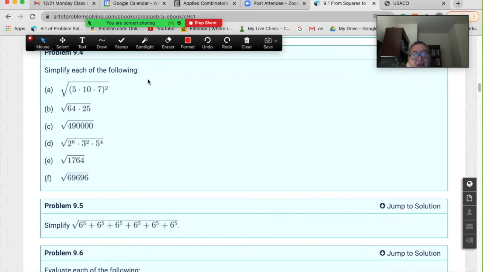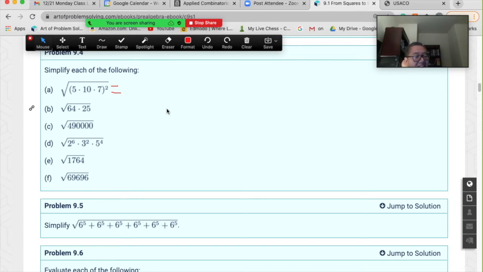Okay, simplify each of the following. Can you simplify? Basically the same thing as last time, except it's just different numbers. Write down your answer. Your voice is low again. Hold on.